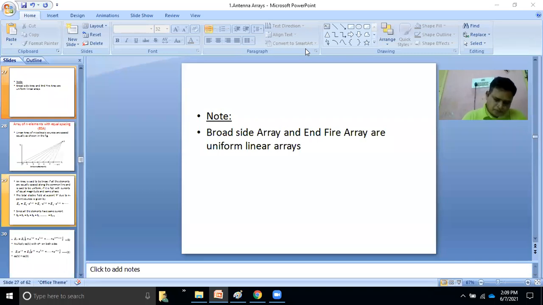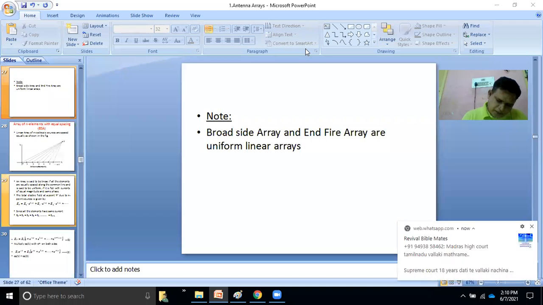Fast. 83, 83, 84, 86, 87, 84, 86, 87, 88, 91, 92, 88, 91 amma. 91, 92, 89 absent, sir. 90 కూడా absent amma. Absent, sir. Okay amma, okay.